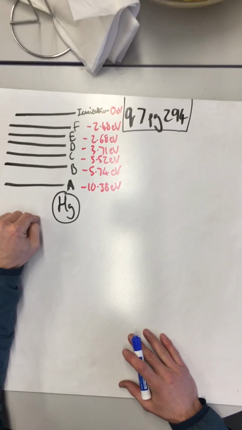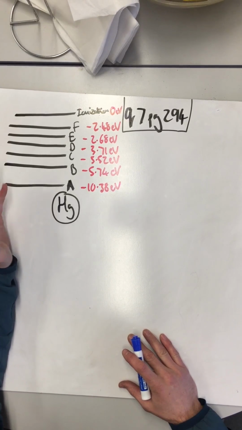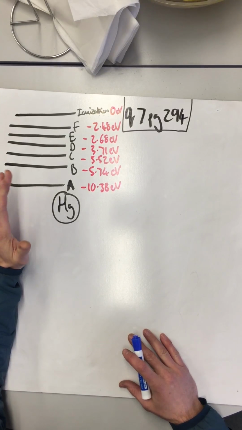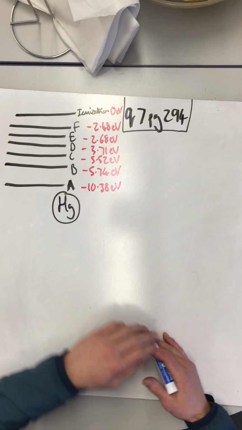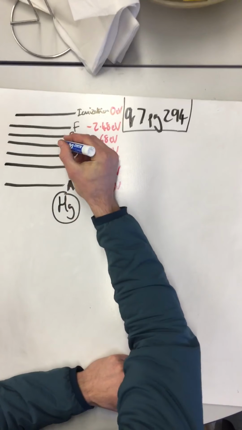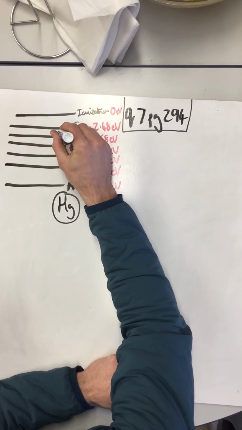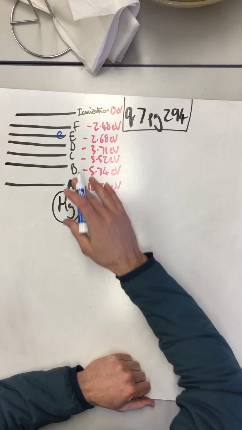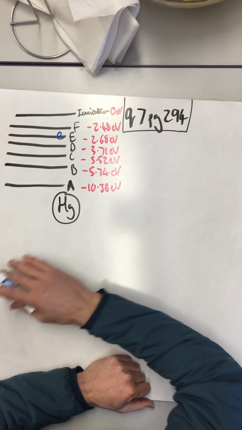So question 1 talks about mercury being used in fluorescent tubes, and it's saying that an electron in mercury has dropped from energy level E to energy level B. So the electron's been excited, and of course if this was a standard fluorescent tube light, it would be excited by electrons.